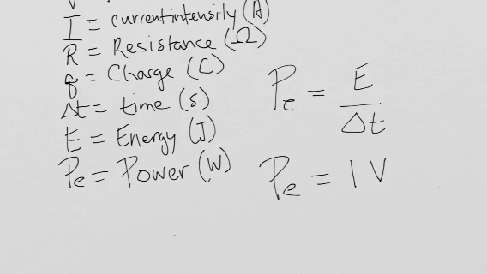So this comes back to what I've been trying to say, that with the exception of resistance and time, every other one of these variables has more than one way to solve for it.